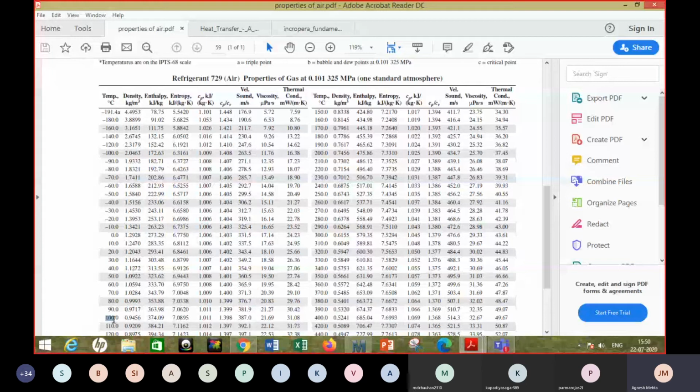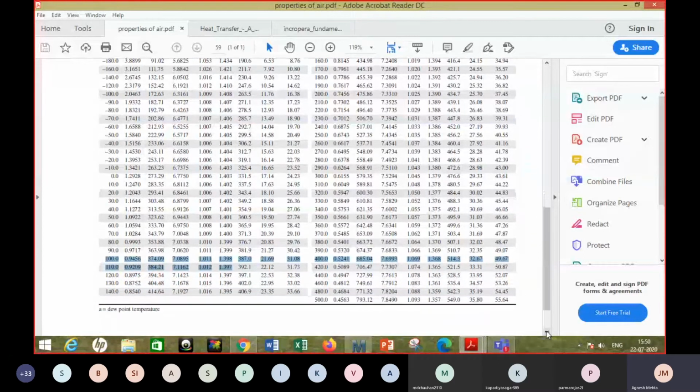So the table gives it at 100 and 110 degrees Celsius. You know your temperature is 105 degrees Celsius. So whatever properties are there at these two temperatures, you take the average of those two numbers, right? So if you want to get density, it is the average of 0.9456 and 0.9209, right?